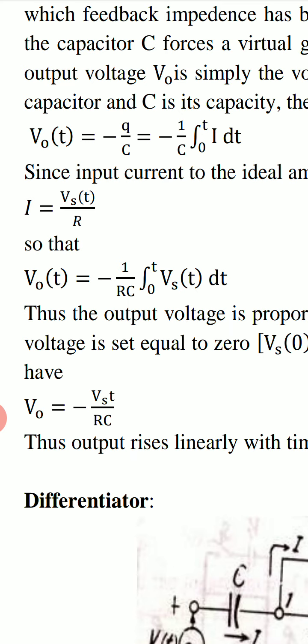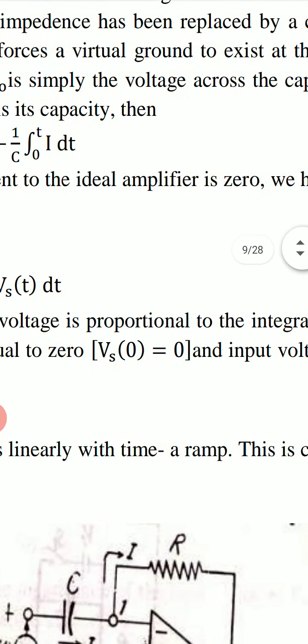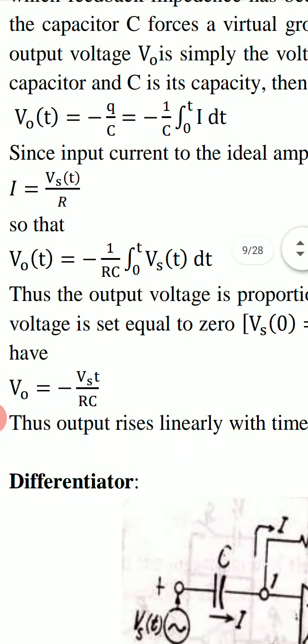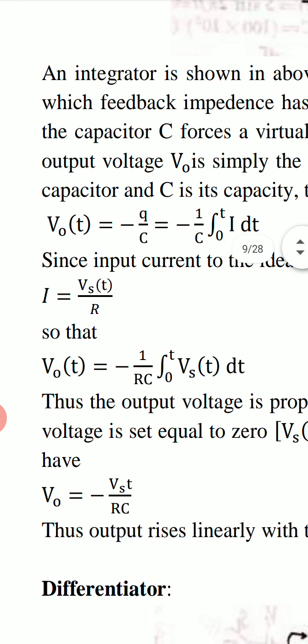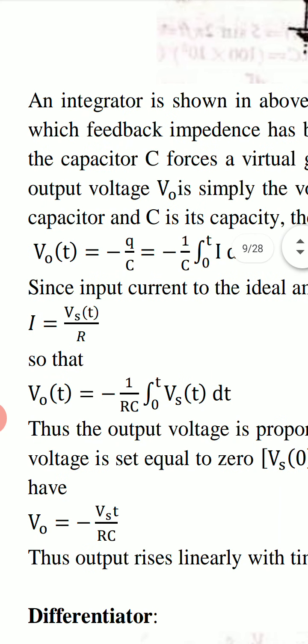Since the input current to the ideal amplifier is 0, we have I equal to Vs upon R. Input voltage Vs and current I, which flows through the inverting terminal through resistance R, is given by this relation.